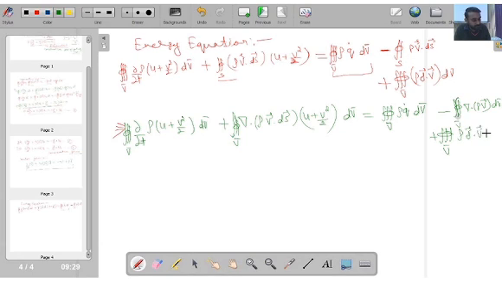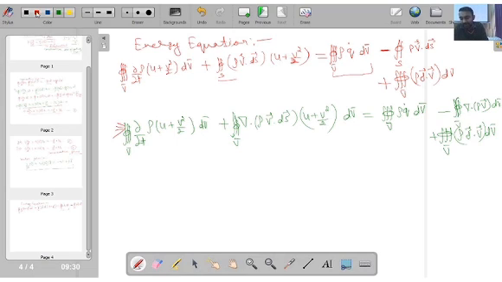Now I will omit some of the steps. The next step is to put all these terms on one side and take the integral over dV, and then the integrand becomes equal to 0.